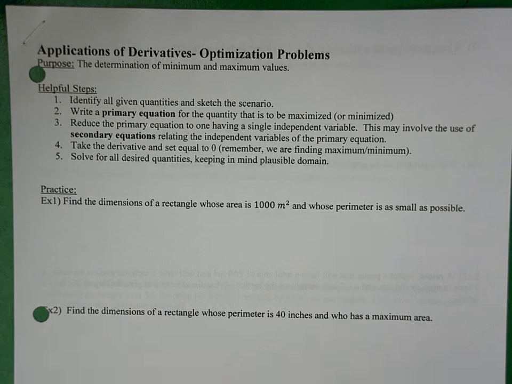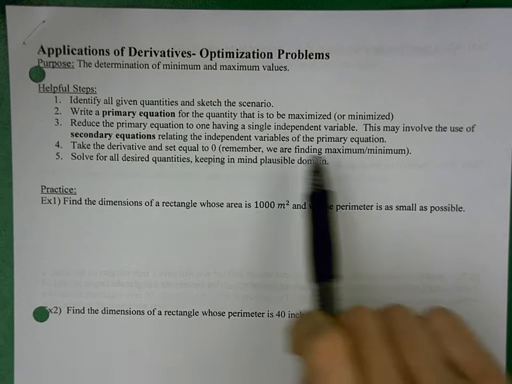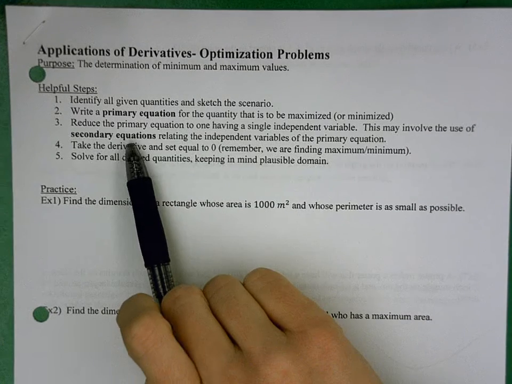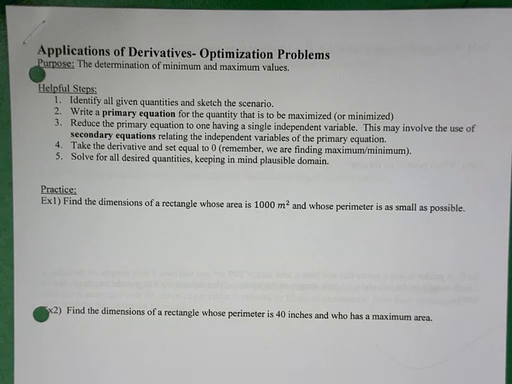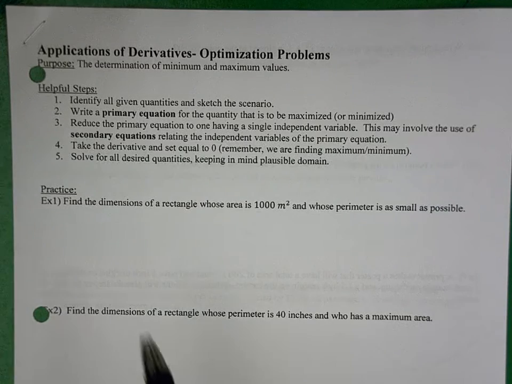And this is where we use our secondary equation. Secondary equation would be a given fact, or potentially in some cases you'll literally be given an equation. But it'll be some other given piece of information that allows me to manipulate to solve for a variable. Once you've done that, you'll substitute it back into the primary equation.